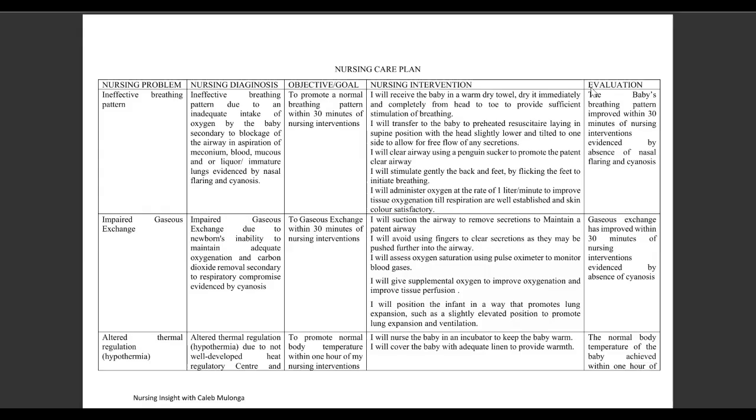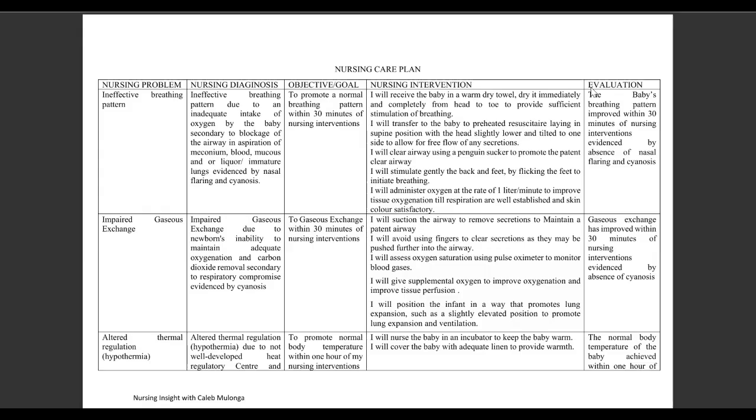Therefore, you find that because of the blockage in the airway, because of that aspiration of meconium, because of maybe immature lungs or respiratory compromise, the baby will not be able to facilitate gaseous exchange. That is the best explanation that I can give.